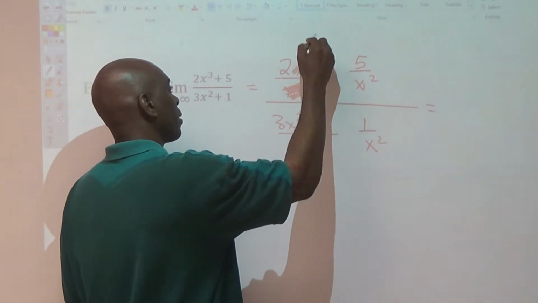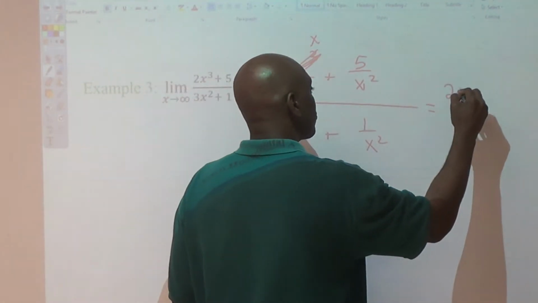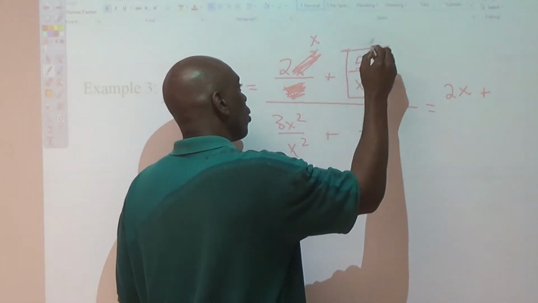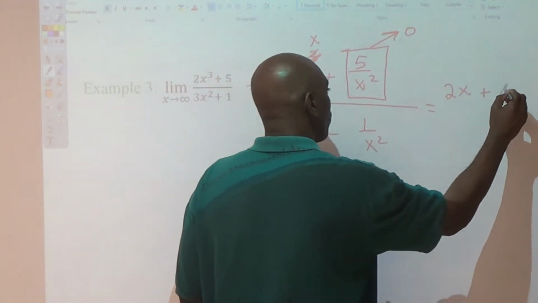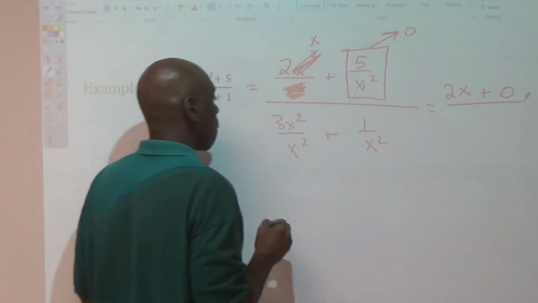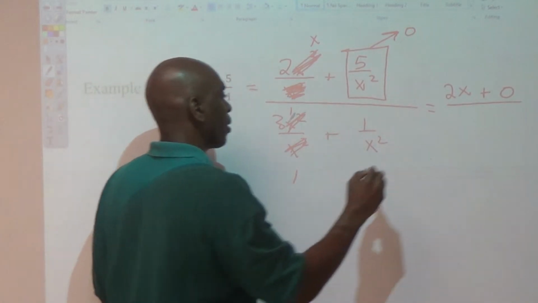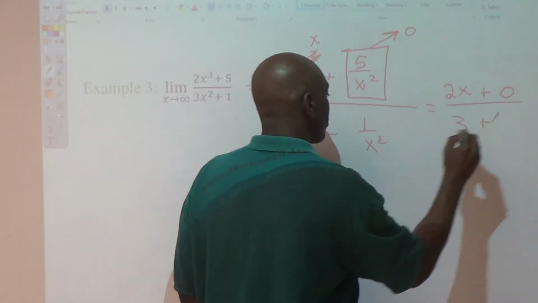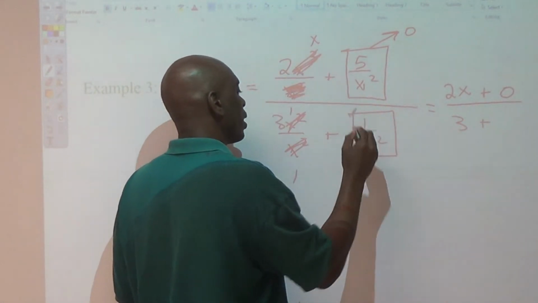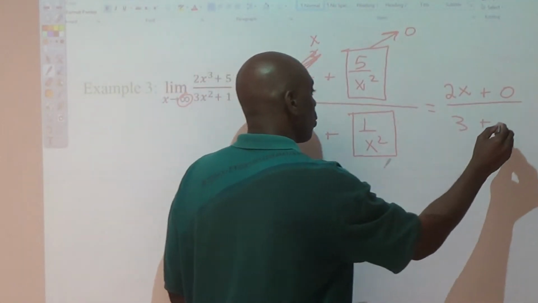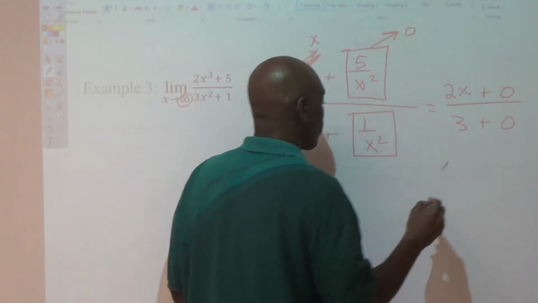I'm left with an x right here. That's going to give me 2x. Plus, where does 5 over x squared go? 0. The x squares cancel, go on to 1. I'm going to have 3 plus, where does 1 over x squared go as x gets large? 0.